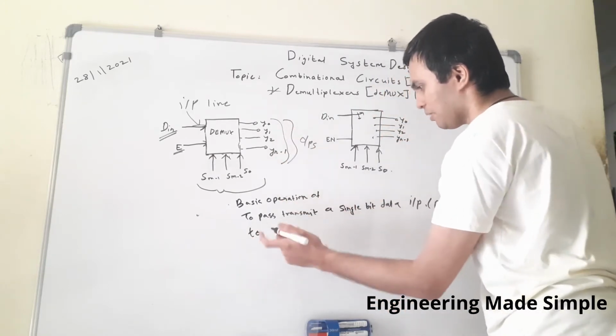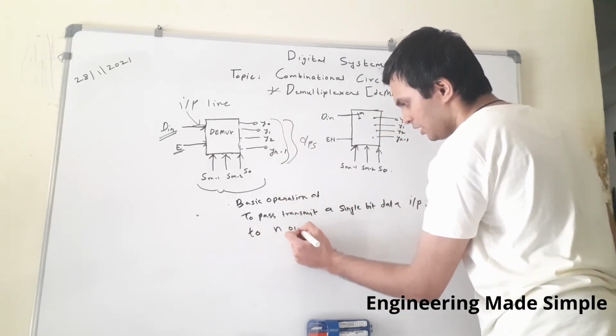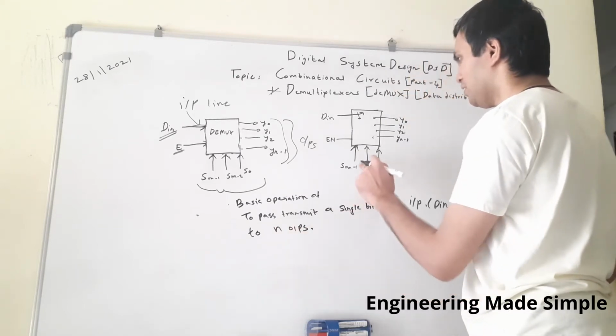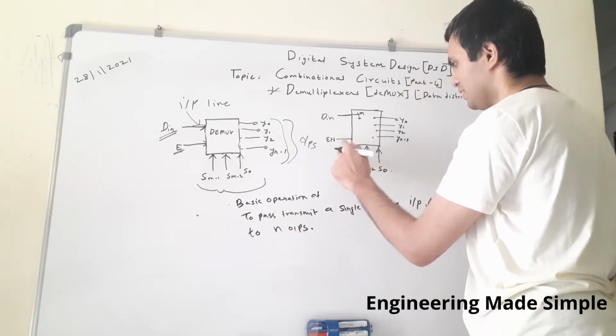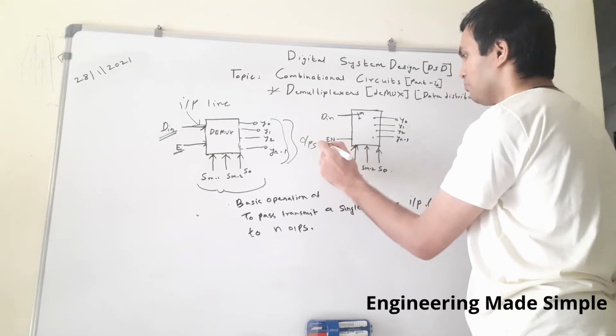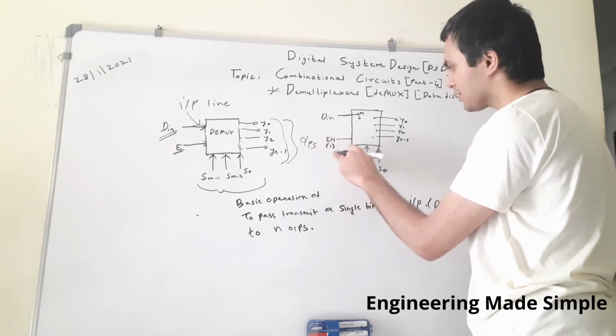These are the n outputs I am talking about. Now how does this circuit do it? Enable is kept at logic 1 because we want to enable this particular demux IC.